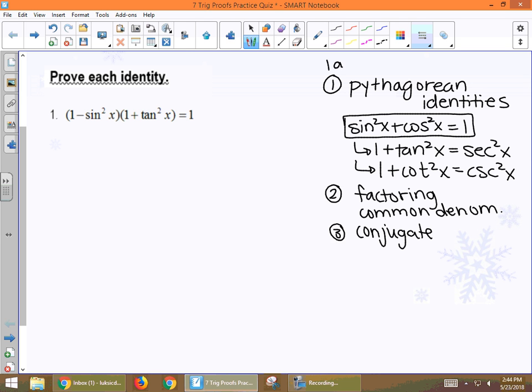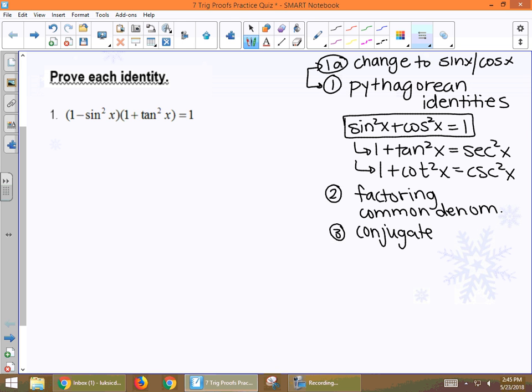Let's do 1A here, where we'll renumber. Changing everything to sine and cosine is really helpful. Those really kind of go together. Like, if Pythagorean identities don't work, then I change everything to sine and cosine.